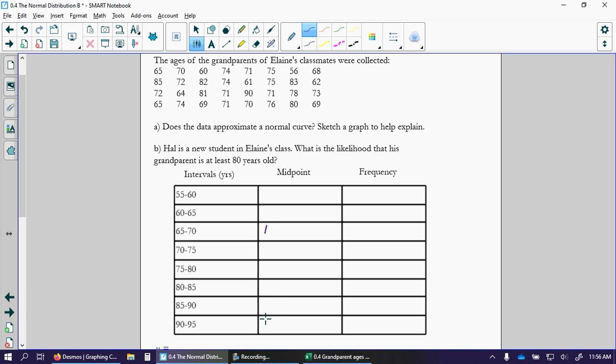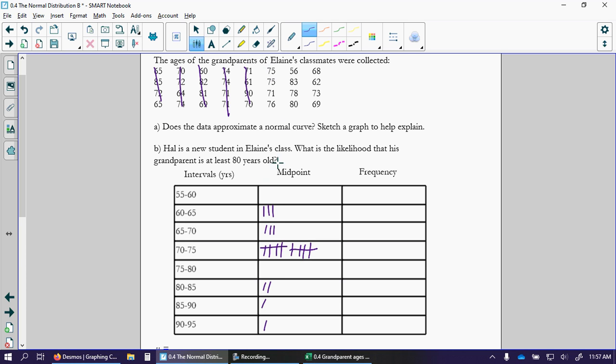There we go. 85 is going to be here. 72. 65 again, because I'm going to try to keep better track. 70, 72, 64, 74, because I messed this up on Wednesday. 60, 82, 81, 69, 74, 74, 71, 71, 71, 61, 90, 70, should give me to there.